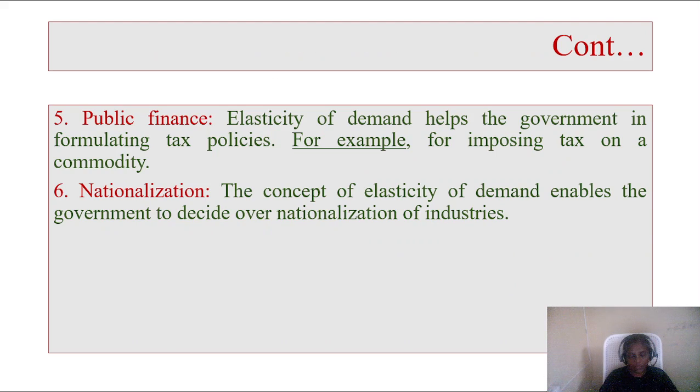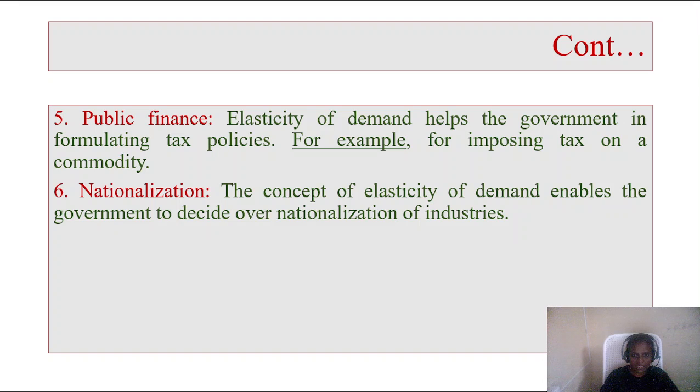Then the next one is public finance. Here also elasticity of demand is very important. For example, it helps the government, both the state government and the central government, in fixing tax policies, for example the indirect taxes imposed on a commodity.